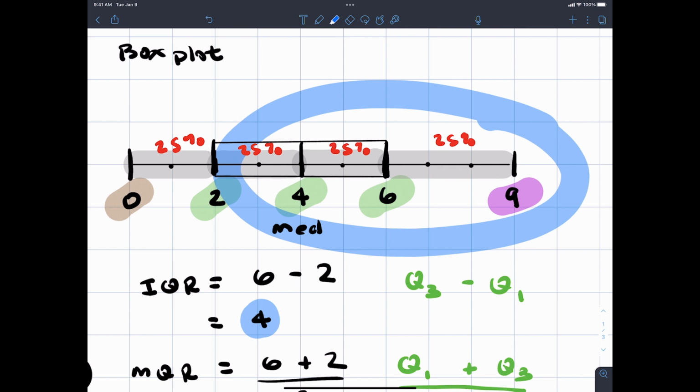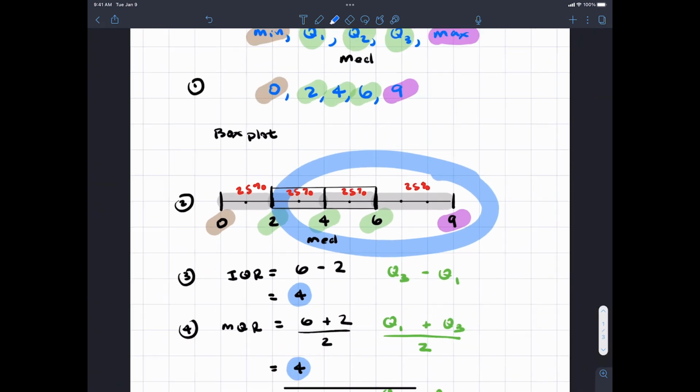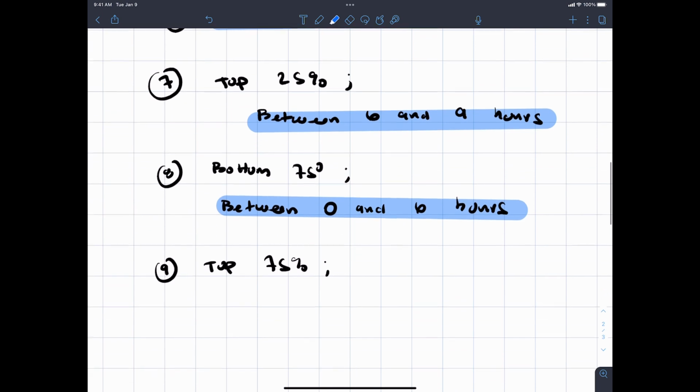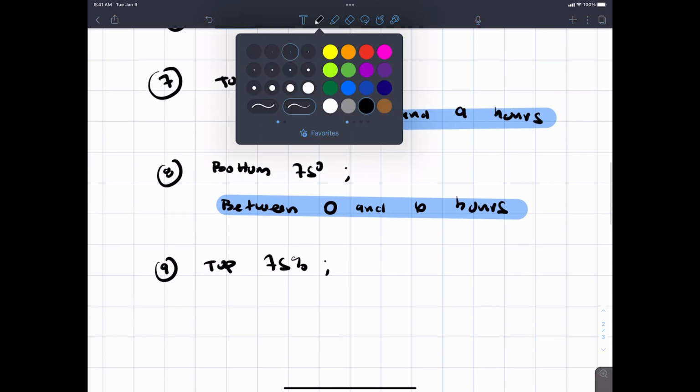So you're trying to describe the hours of sleep the top 75% of the class gets. And what would you guys say? Between 2 and what? 9 hours. Outstanding. Between 2 and 9, okay? So it's the values down there between 2 and 9. So that's how we're going to answer that.